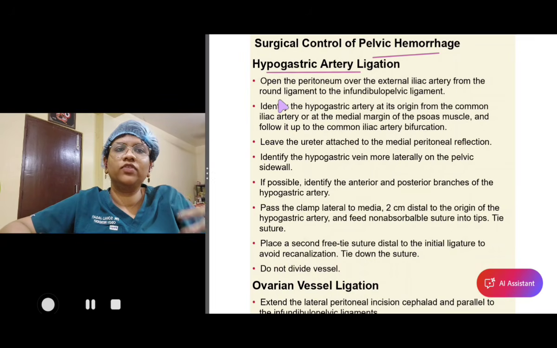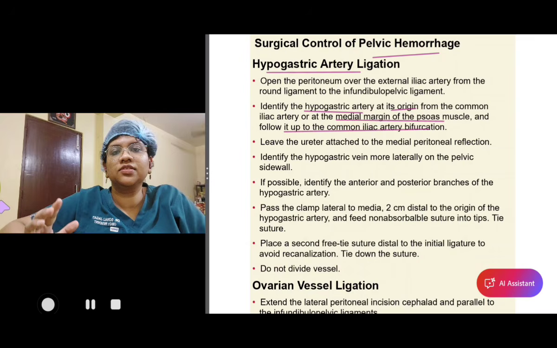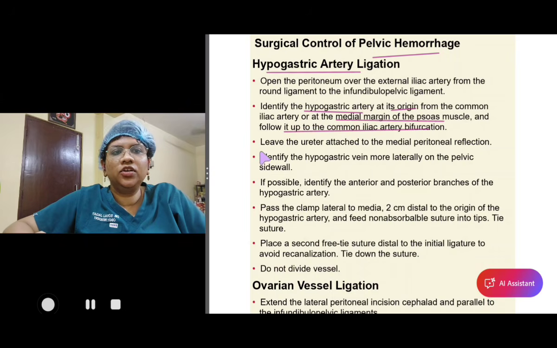Identify the hypogastric artery at its origin from the common iliac artery or at the medial margin of the psoas muscle, and follow it up to the common iliac artery bifurcation. This is very important. You have to visualize the common iliac artery up to its bifurcation. Leave the ureter attached to the medial peritoneal reflection.